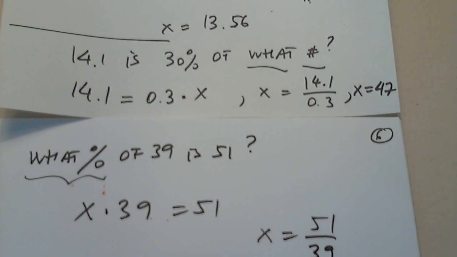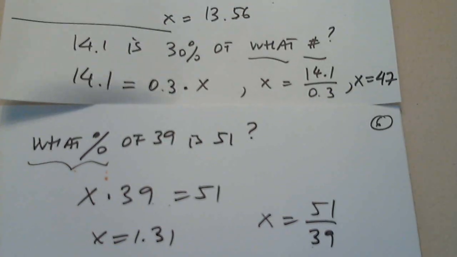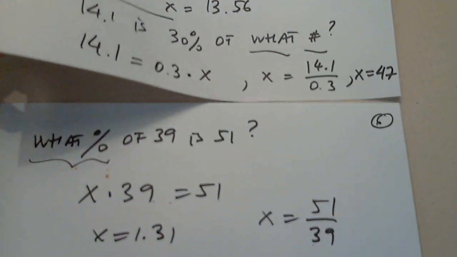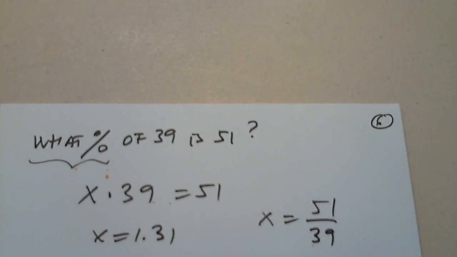Let's see what that is. 51 divided by 39. That is 1.31. But this is a decimal number, and we have to change it into a percent. How do I change 1.31 into percent?